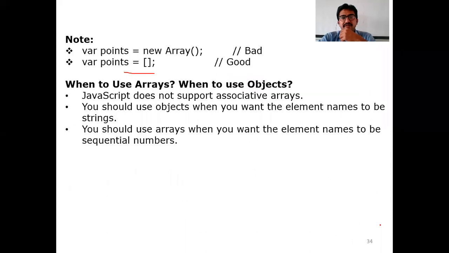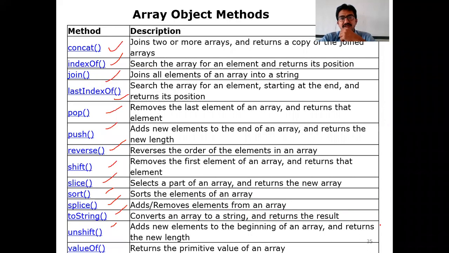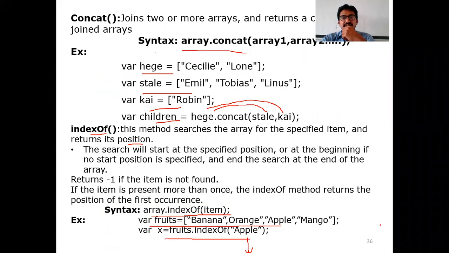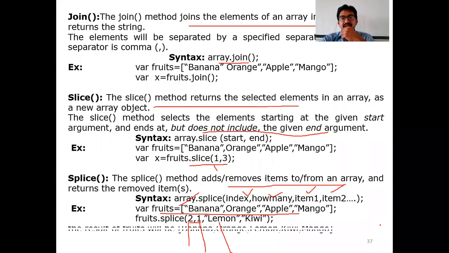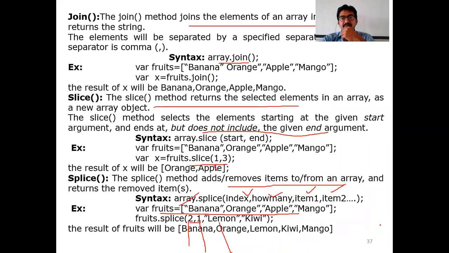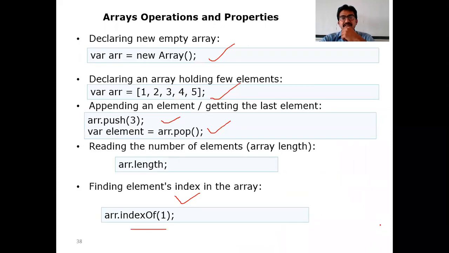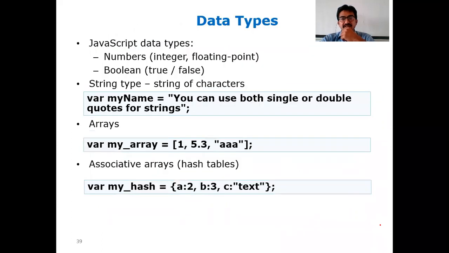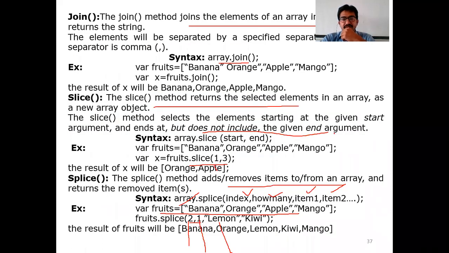And why we need to use an array and at which position. These are a few methods available in arrays. I'm not covering all the methods, only a few like concat, indexOf, join, slice, and splice. As a summary, array operators and properties can also be declared like this.